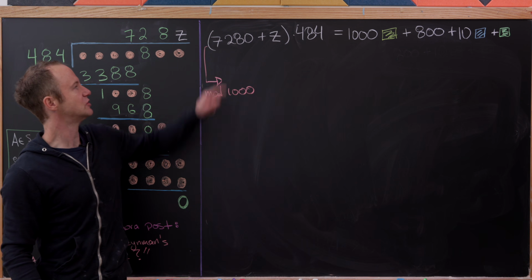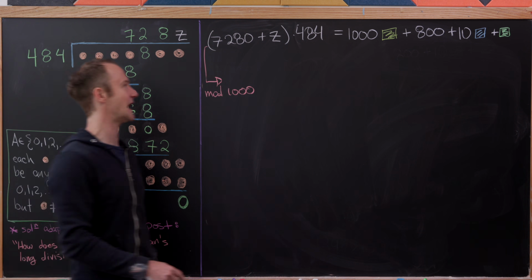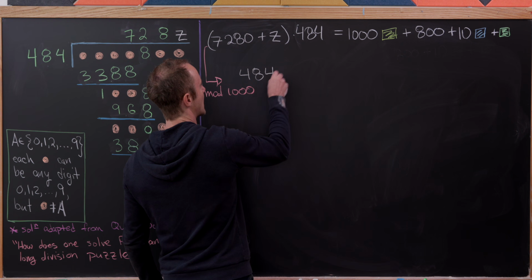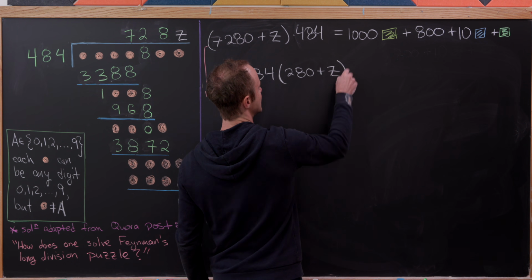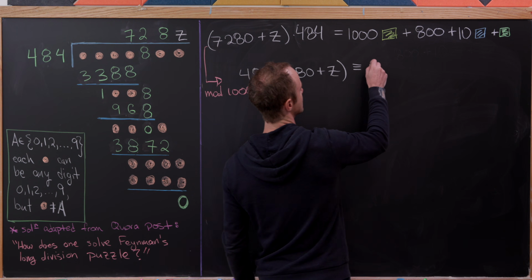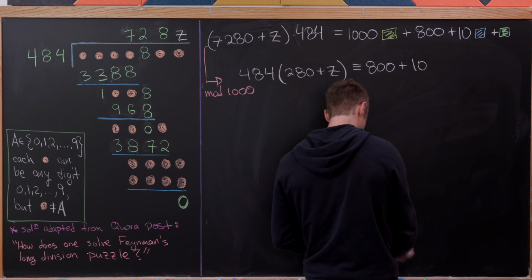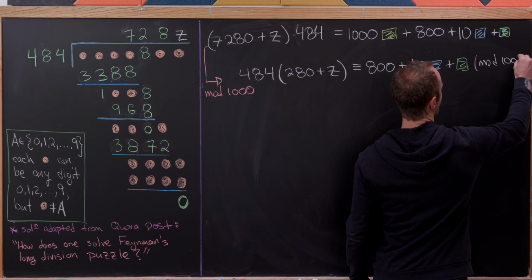Well, 7280 mod 1000 is 280. So that's going to give me, and I'll flip this product, 484 times 280 plus z must be congruent to, well, we've got this 800 plus 10 times blue box plus green box mod 1000.